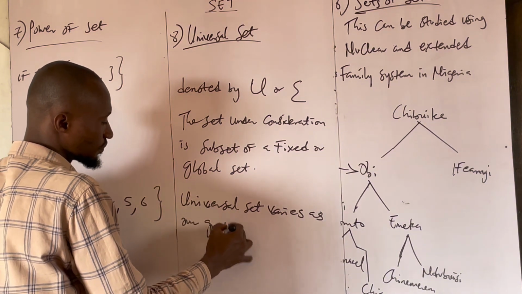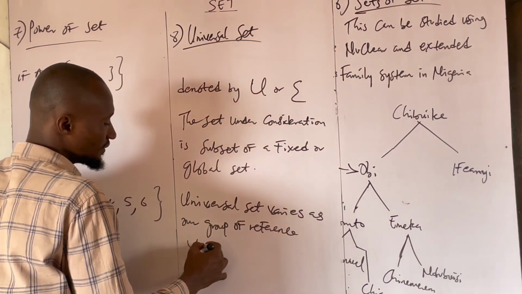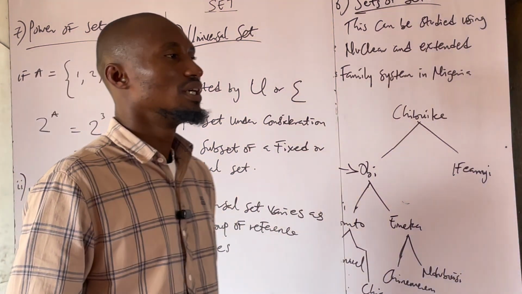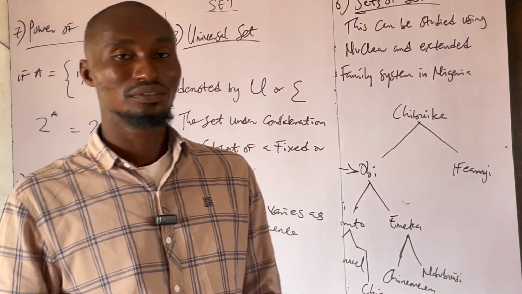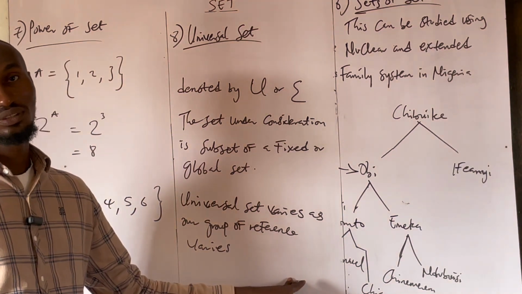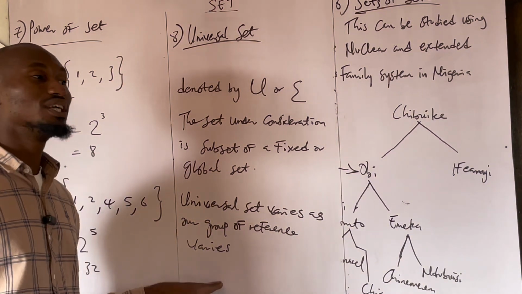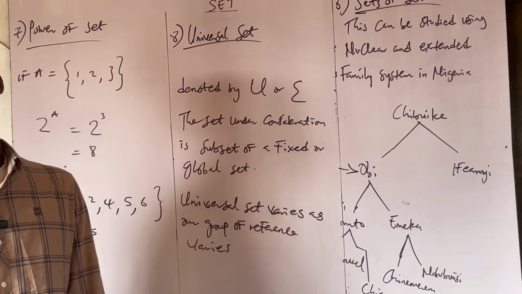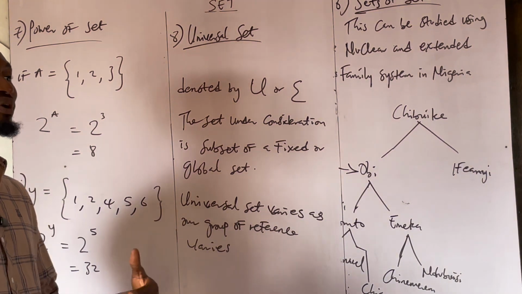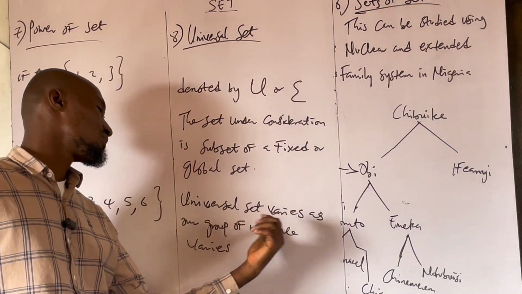Remember I used a typical example of Federal University of Technology and I said engineering student at Federal University of Technology, Owerri, which means when I mention that statement, I'm referring to students of Federal University of Technology, Owerri. But I use engineering student as a point of contact, right? So that's why we say that universal set varies as our group of reference varies.